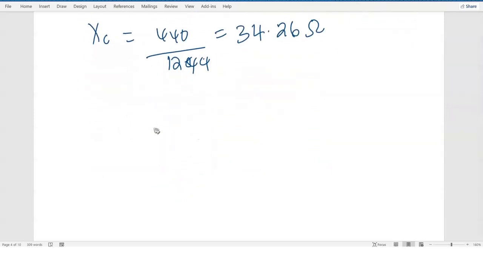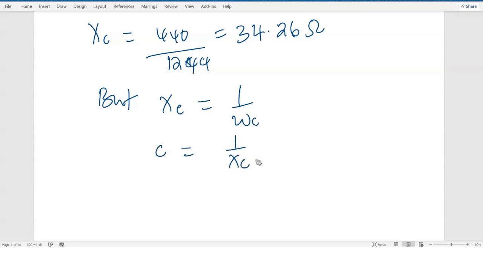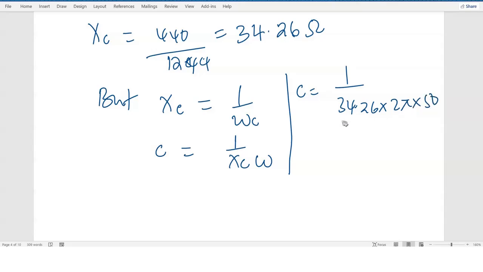But we know that XC, capacitive reactance, is the same as 1 over omega C, meaning that I can get C as 1 over XC times omega. So C is 1 over 34.26 times 2 pi times F, which is 50, so times 100 pi.